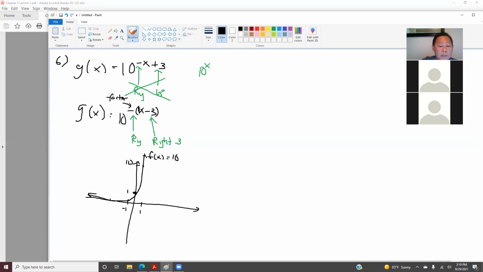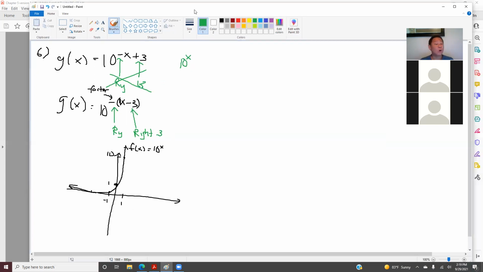What you need to do with this is perform your two transformations. Now, as I told you, which one do you need to go first? You have to do your PEMDAS. But if you look at these two transformations, they all belong to your exponents, right? So this negative is being multiplied and this 3 is being subtracted.